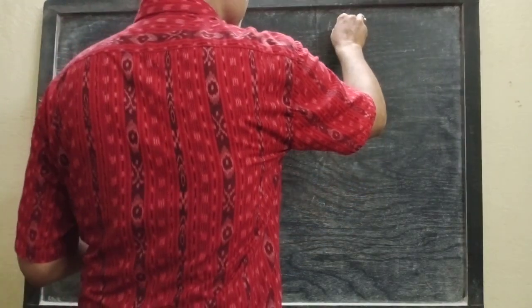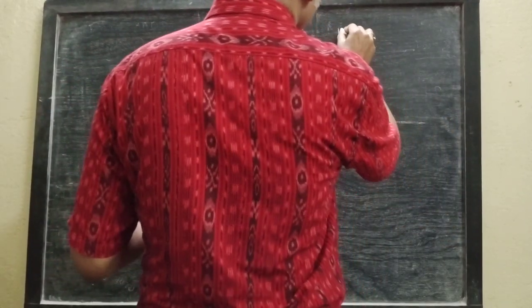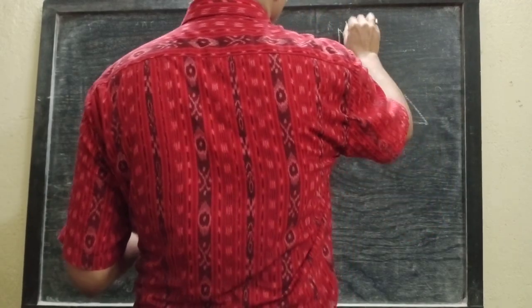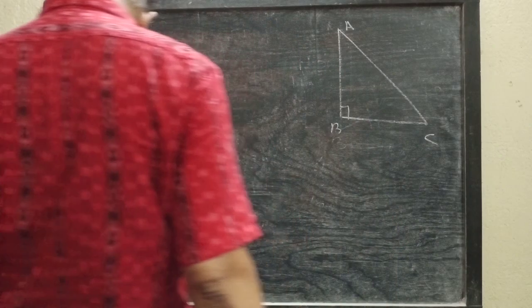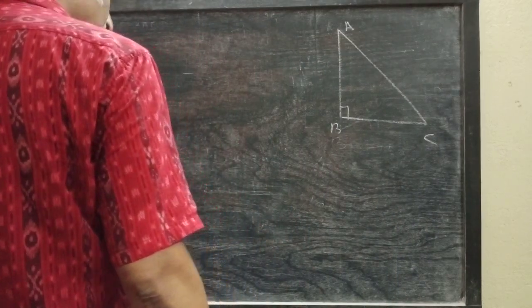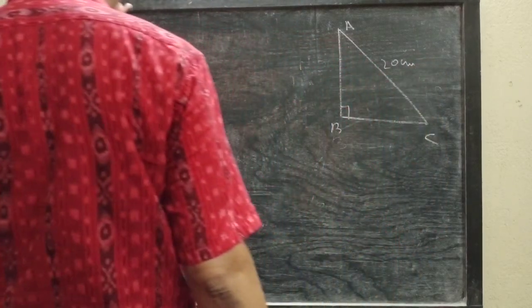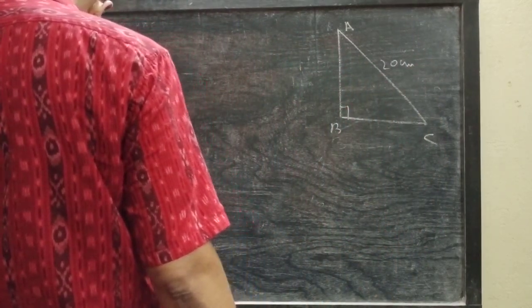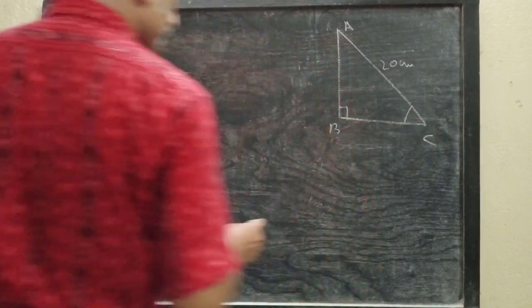ABC is a right triangle at B, where AC is 20 centimeter. Tan angle ACB is 3 by 4. Tangent of this angle is given.